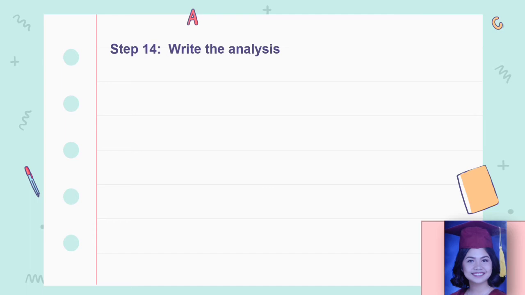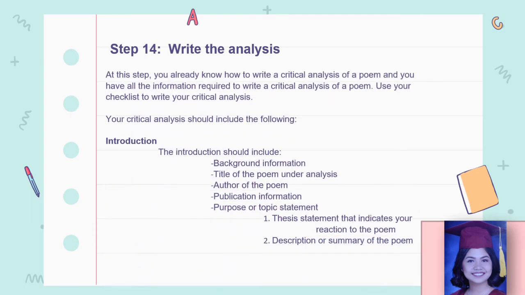Last but not the least, step 14. Write the analysis. At this step, you already know how to write a critical analysis of a poem, and you have all the information required to write it. Use your checklist to write your critical analysis.